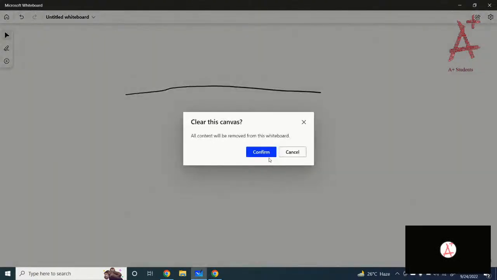Okay, the next one is: what are the coordinates of the midpoint of BC?